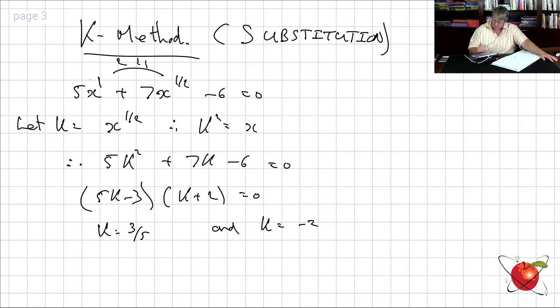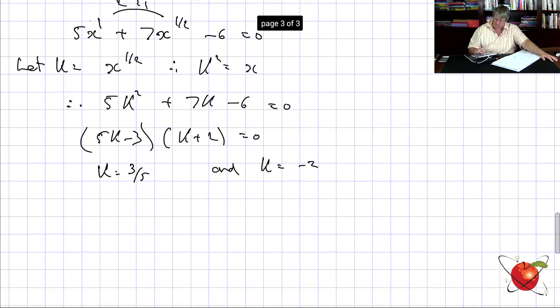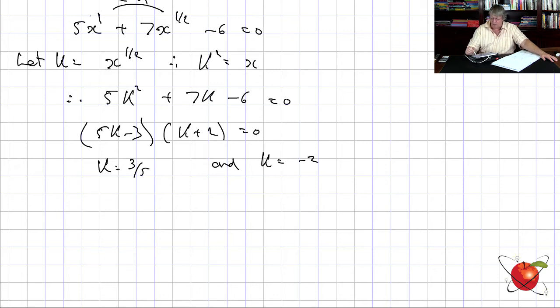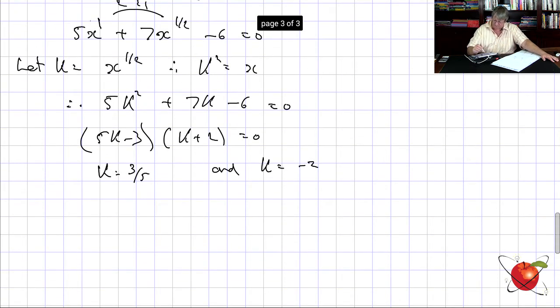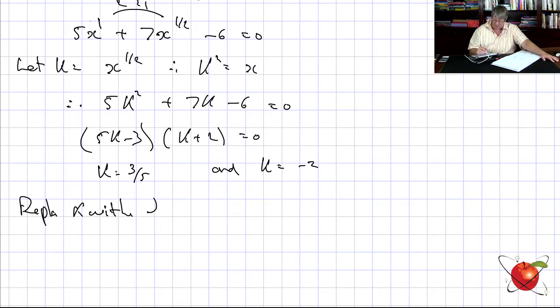Now when we get to this point, we've got k, but we want x. So what do we do? We replace k with the original substitution. So we say, right, k was x to the half.